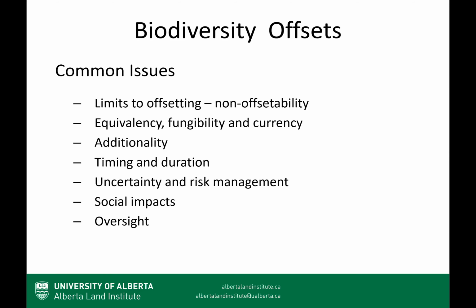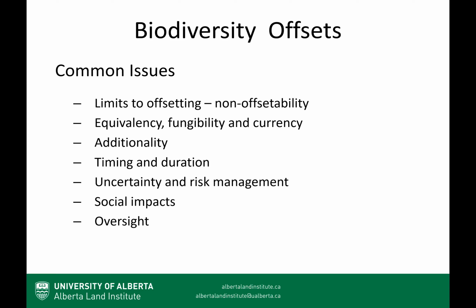There is a whole suite of issues around equivalency, fungibility, and currency. These all refer to the tools that we need in order to draw some valid comparison between the degree of environmental losses and gains.